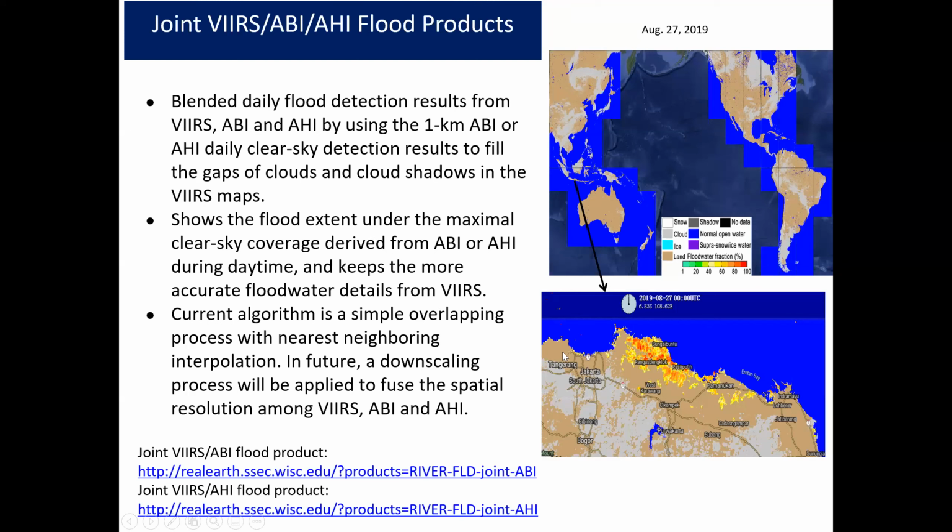It is expected to show the flood extent under the maximum clear sky coverage from ABI and AHI, but keeps the fine inundation detail from the VIIRS flood map. Right now, we just use a very simple overlapping process with a nearest neighbor interpolation method, and in future we're going to apply a downscaling process and fuse the spatial resolution coupling among the VIIRS, ABI and AHI.